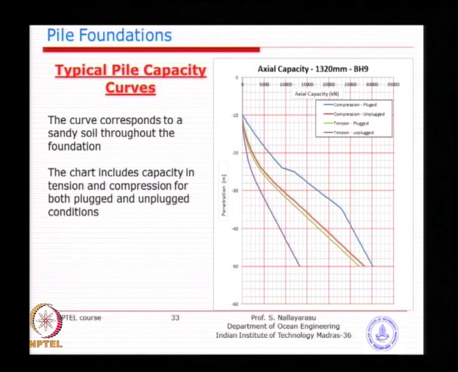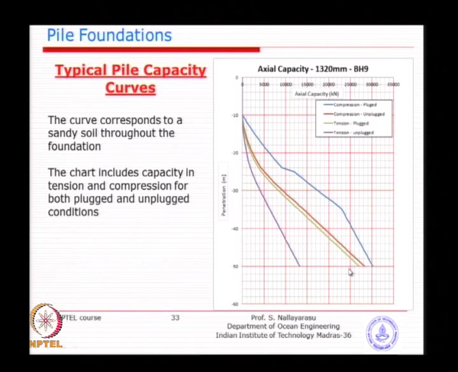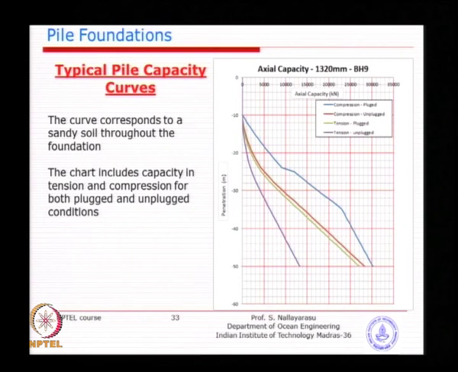You see this chart, there are 4 graphs showing the capacity versus the pile penetration below the seabed level, one for compression plugged and unplugged, and the other for tension plugged and unplugged, like what we did just now.